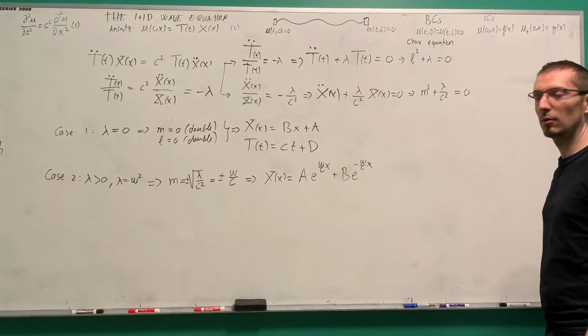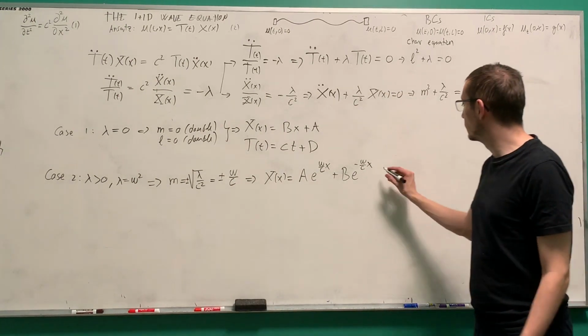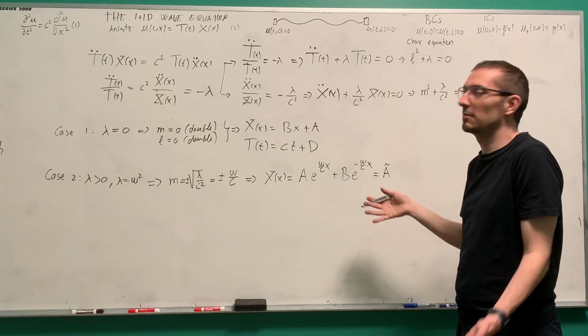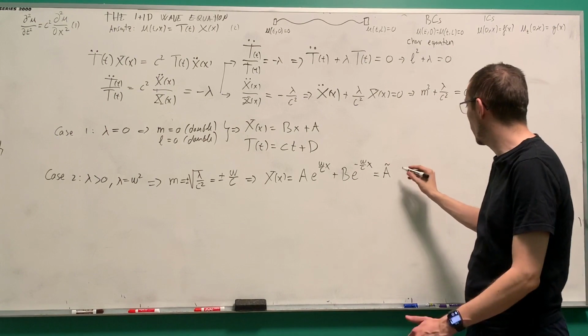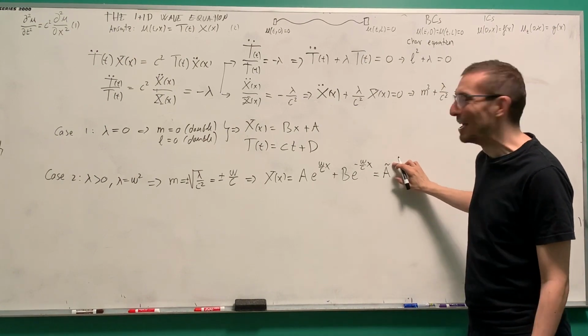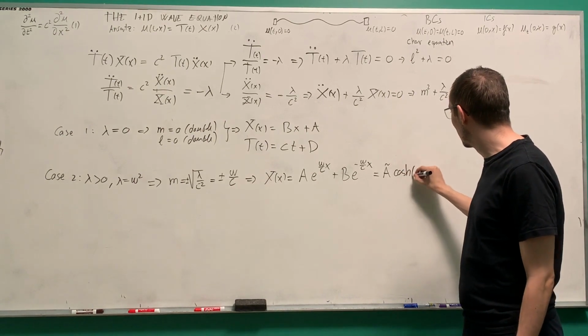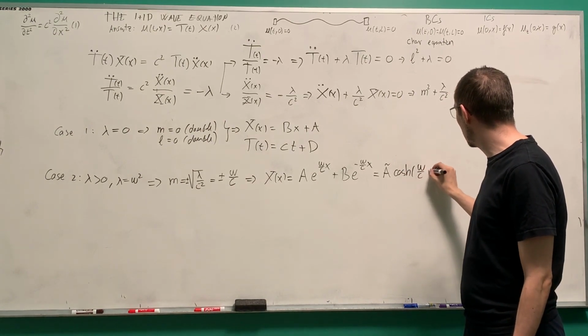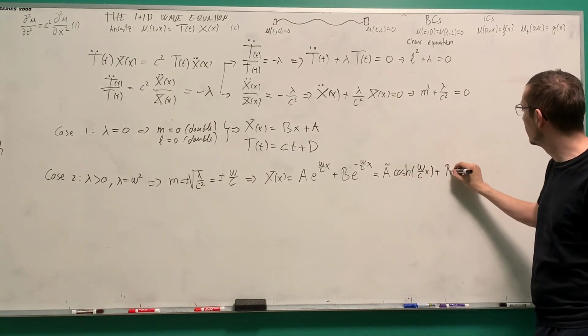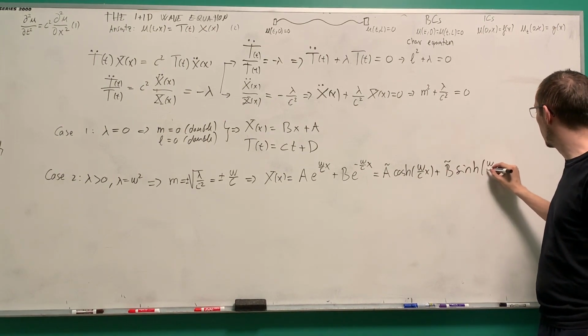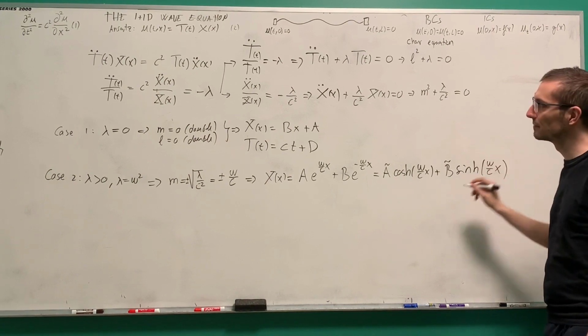All right, wonderful. We learned in the previous lecture that equivalently we can write this with different constants. They are arbitrary constants anyway, so I could even call it a, but just for clarity, I call it a tilde: a tilde cosh of omega over c x plus b sinh of omega over c x.